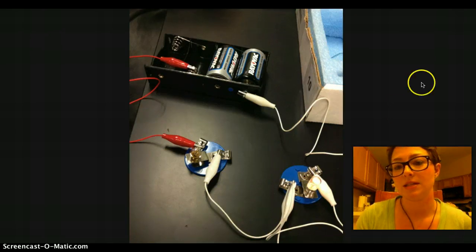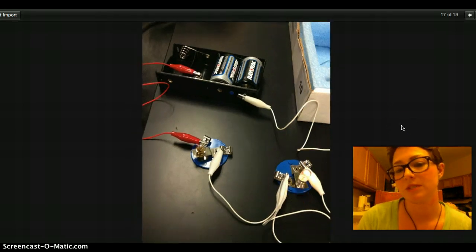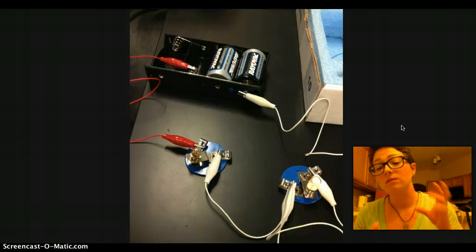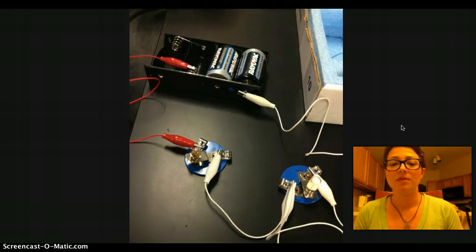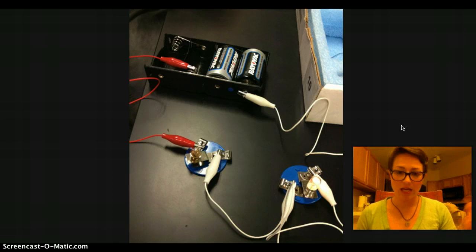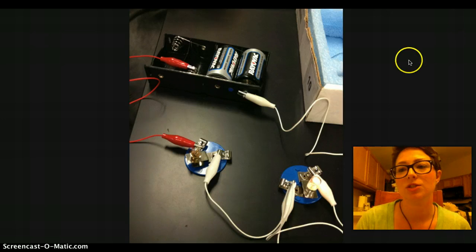And I know we discussed that the bigger bulb had more resistance than the little bulb, and obviously it didn't take the full current away from it. Like we said, if you dim the lights, you could see it.